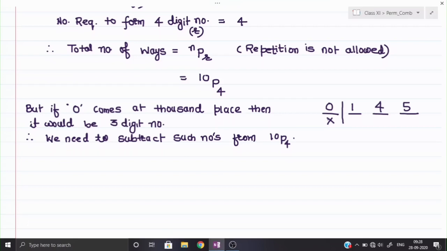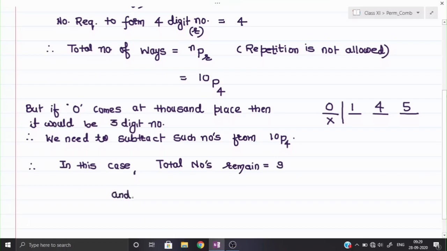We have only 9 numbers remaining because we cannot repeat any number here. 0 already came at the first place, so if we leave the 0, we have only 9 numbers remaining. So therefore, in this case, total numbers remaining is equal to 9, and the number of places required to arrange, how many places do we need to arrange here?